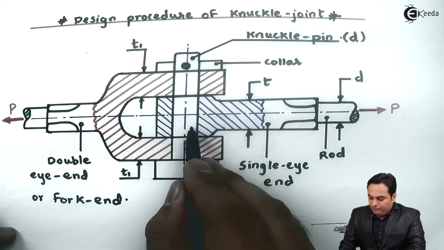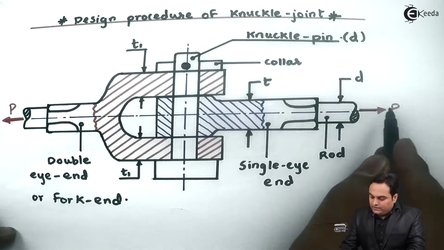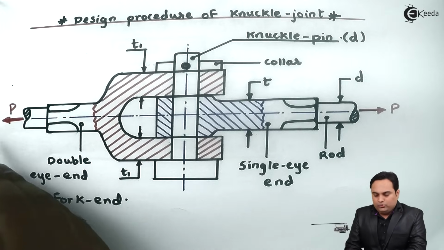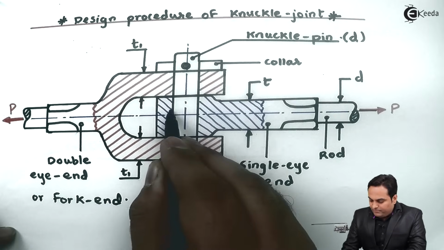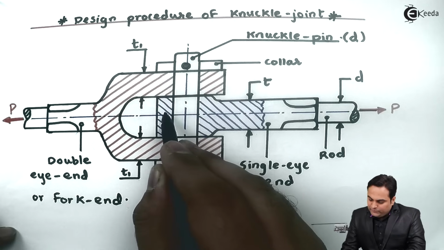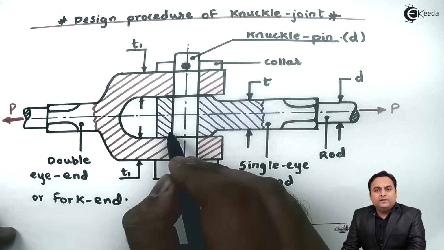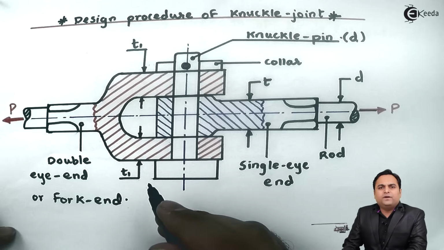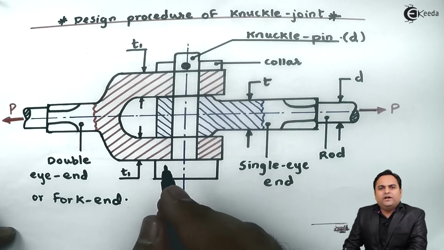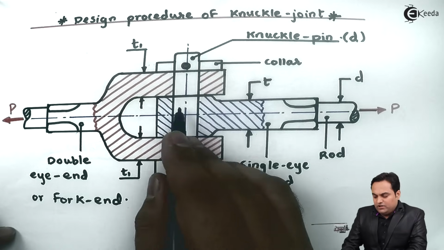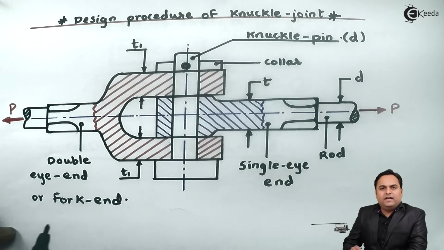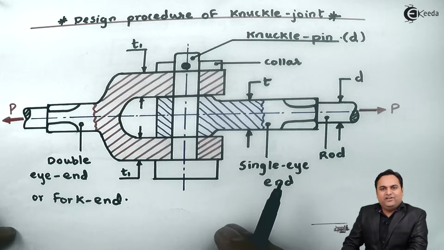Both are made up of metals. So when we are applying this tensile load, there are chances of metal to metal rubbing between single eye end and knuckle pin, and that results in crushing. Crushing is a phenomenon in which the metal gets converted into small fine powders, and if it is so, then the object is failing.